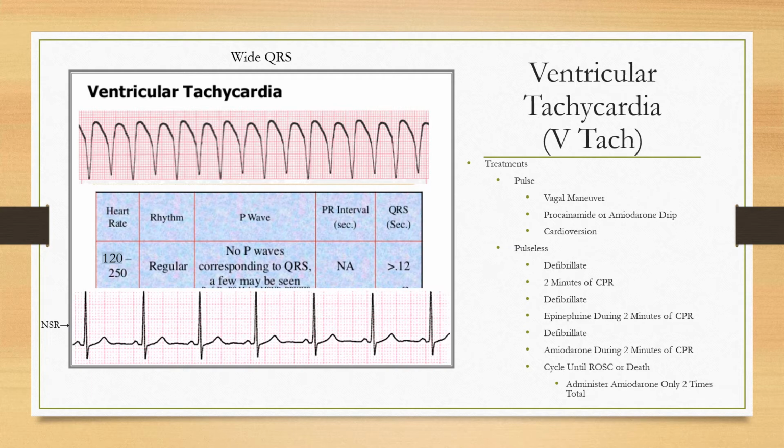And then no matter what happens, we're not going to repeat it, okay? So the overall goal with ventricular tachycardia is to get the person out of this rhythm, and that's why we're putting in amiodarone.